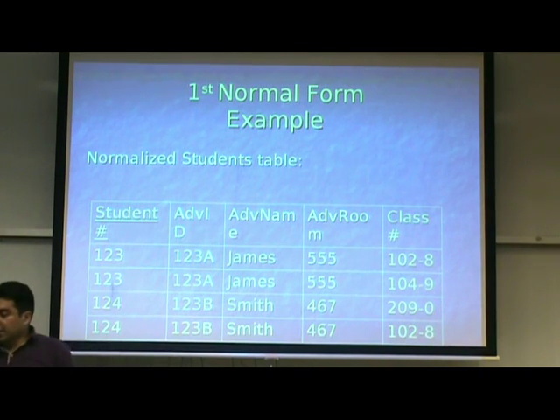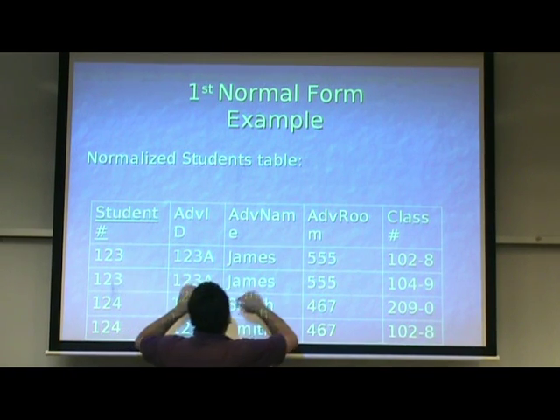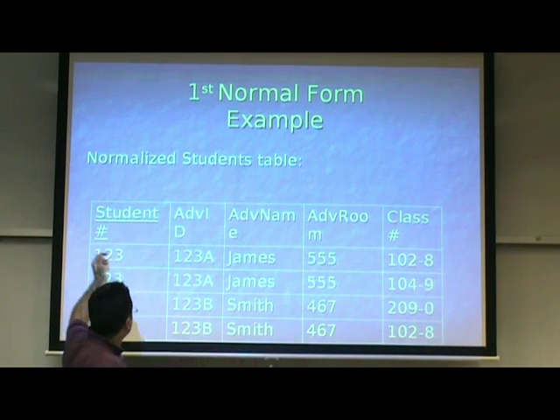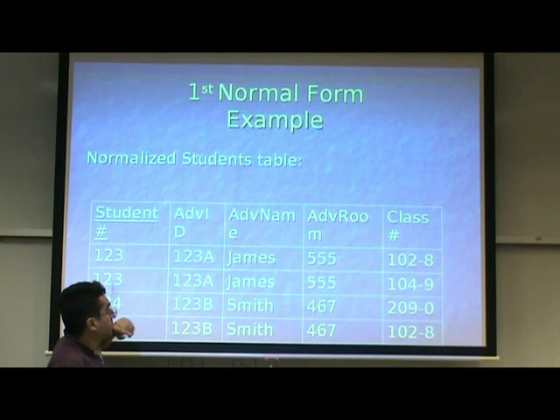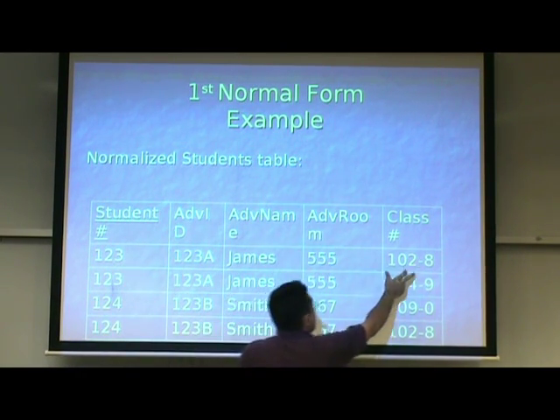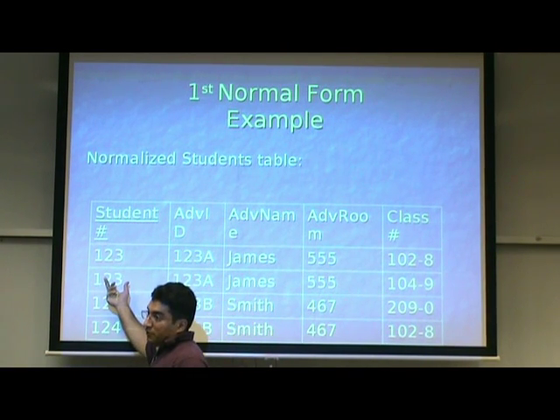In order to remove this redundancy because of this class number, what is the key in this table? The key is student ID, student number, and also advisor name, advisor ID, okay? But the class number is depending on a portion of the key, which is the student number, okay?